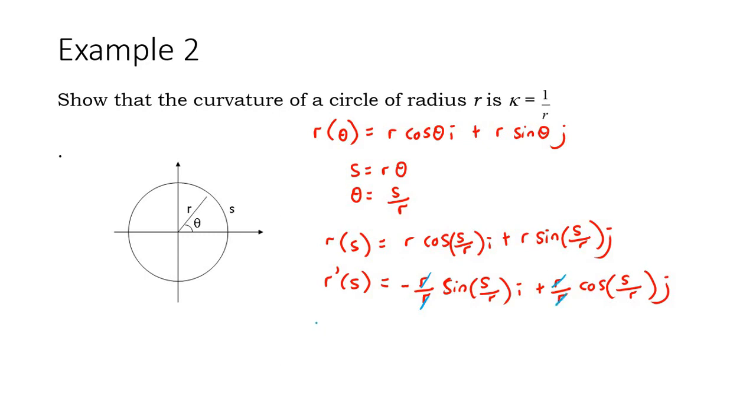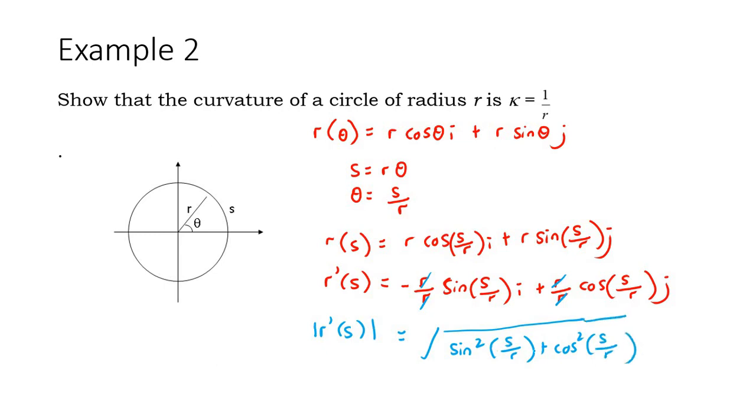Then we find the magnitude of r prime s. We take the square root of the sum of sin squared s over r plus cos squared s over r.